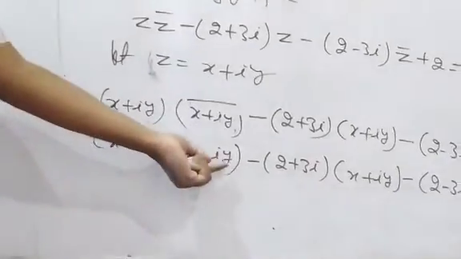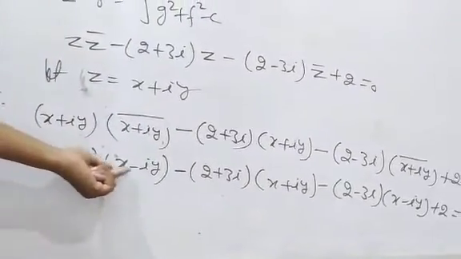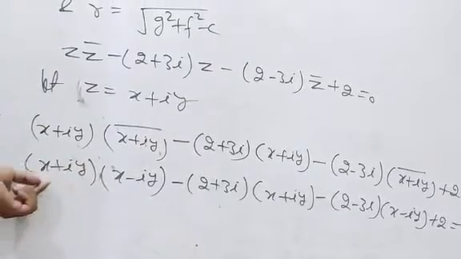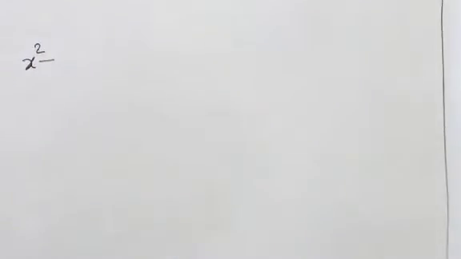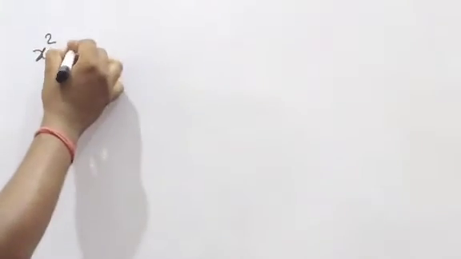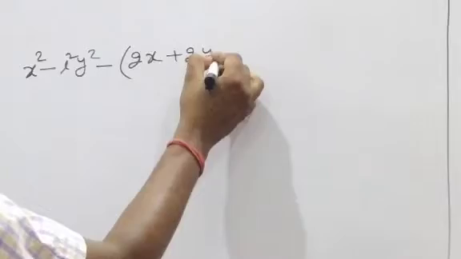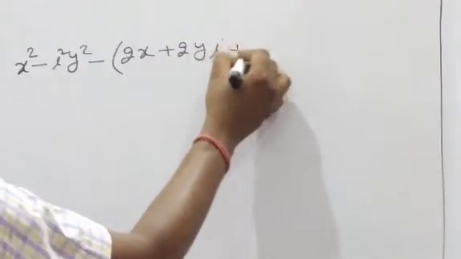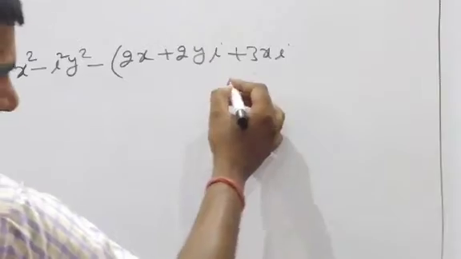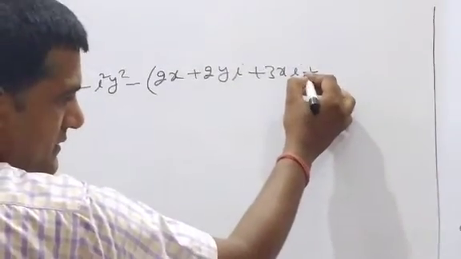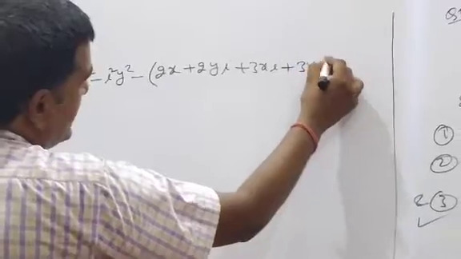Okay, now x plus iy into x minus iy, that is a plus b into a minus b is equal to what? a square minus b square, means x square minus i square y square, minus 2 into x, 2x, plus 2yi plus 3xi, plus into plus, plus sign here, 3 into y, 3y i square.